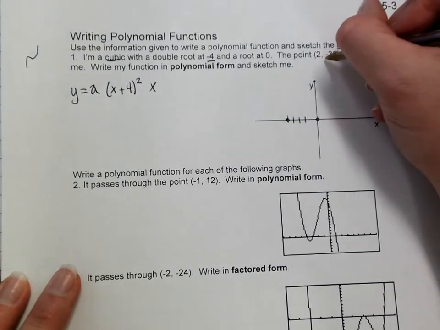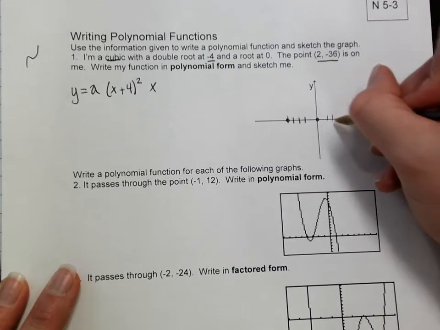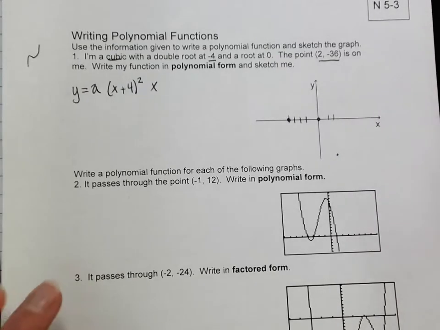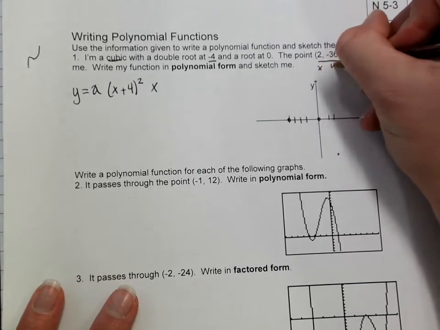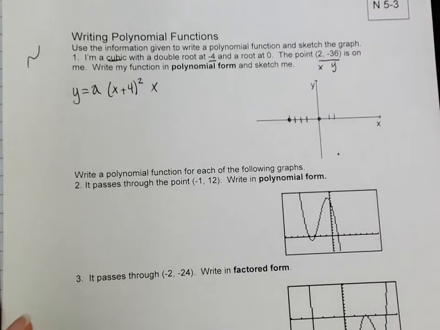Now, this says it does go through the point (2, -36). Maybe using that you could figure out if this was a positive or a negative graph, but I'm just going to go ahead and find the a value. When they give you this point, they've given you an x and a y, you plug it in to figure out a.